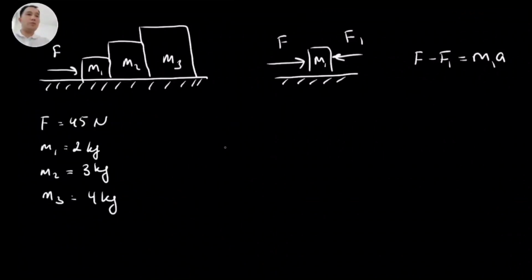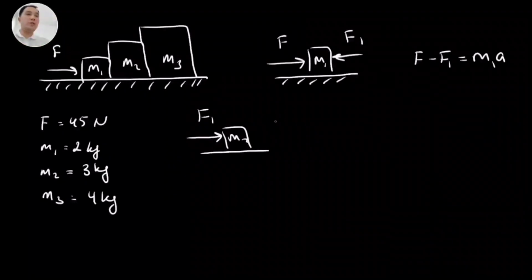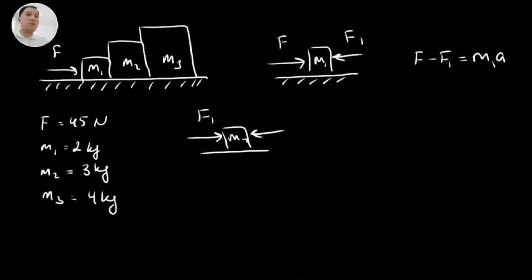Now let's draw the second object, M2. The same contact force F1, which is trying to stop the first object, will try to move the second object, due to Newton's third law, action and reaction. So the same F1 will be directed to the right for M2. By the same logic, there is a contact between the second and third object, so there is a contact force, let's call it F2, which is trying to stop the second object.